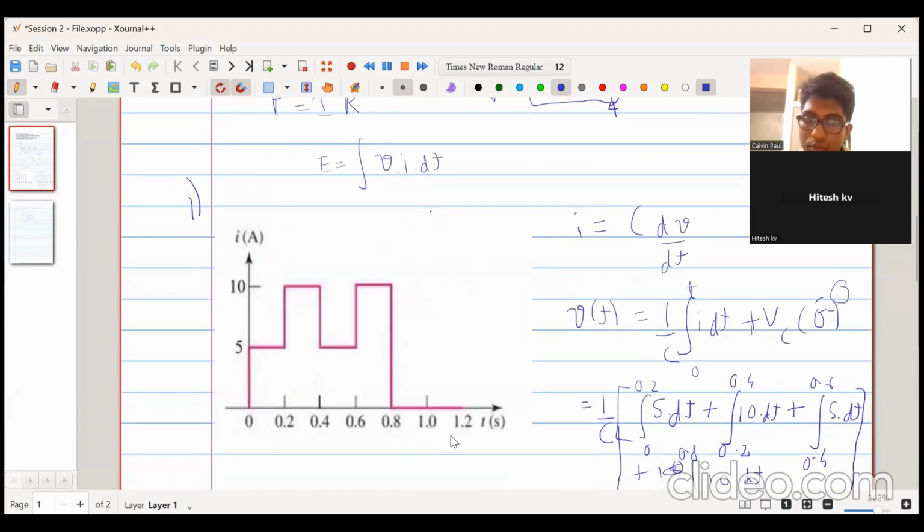From 0.8 onwards, the current is 0, so integration of this will be 0. But the capacitor has stored some value of voltage, and that value was 120 volt. So from 0.8 onwards, the voltage across the capacitor will remain at 120 volt. So at time t equal to 1 second, the voltage across the capacitor is 120 volt.